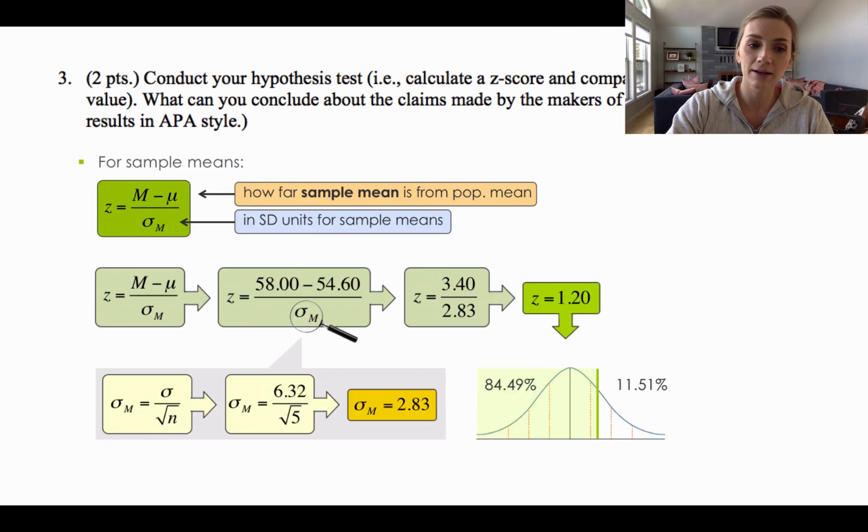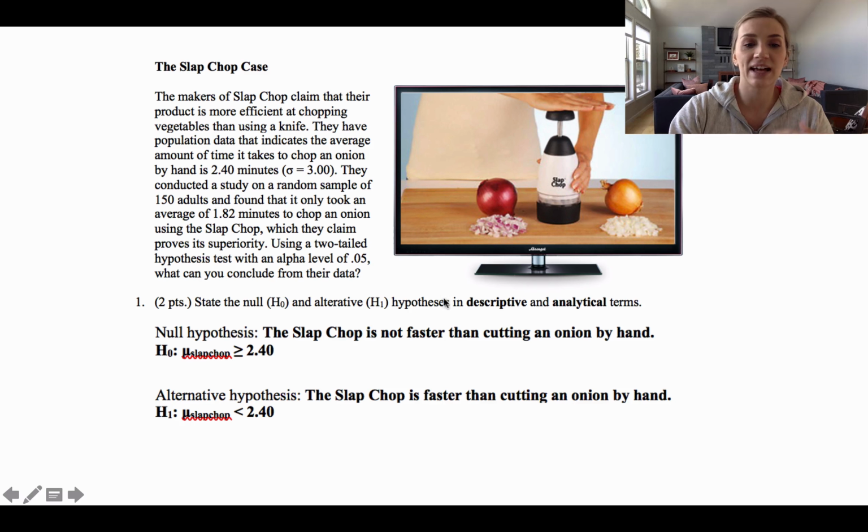And if we go back, the null hypothesis was that the slap chop is not faster than cutting an onion by hand. We are rejecting that. That is not the correct one, probabilistically speaking, meaning the correct one is the alternative hypothesis, that the slap chop is faster than cutting an onion by hand.